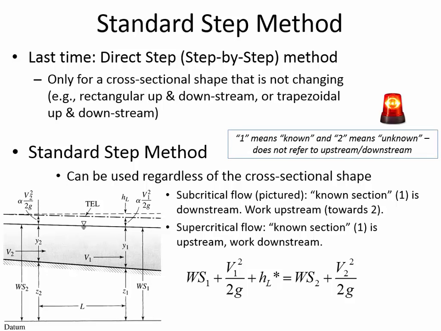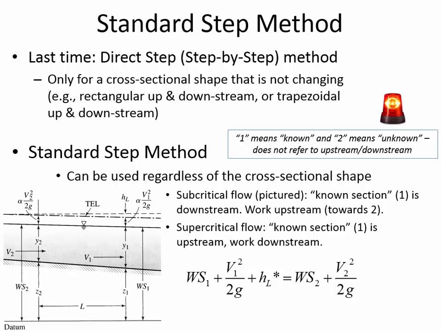The reason why I put an alarm notification here is that location 1 and location 2 mean different things when you're doing the standard step method than they've meant before now. Through the whole semester, I've always said, let's let the number 1 mean upstream and the number 2 mean downstream.